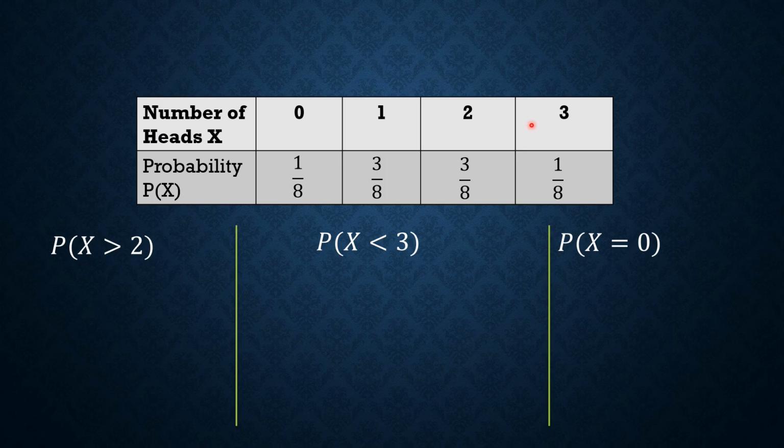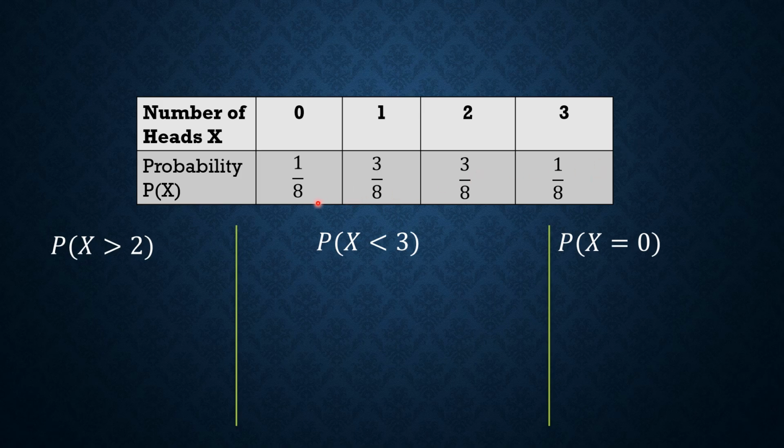Kung titignan natin yung table na ito, we can see that this actually represents a probability distribution. By checking, we can see that when we add 1/8, 3/8, 3/8, and 1/8, we will get 1. And that is the first requirement for a probability distribution, that the sum of all the probabilities must be equal to 1.